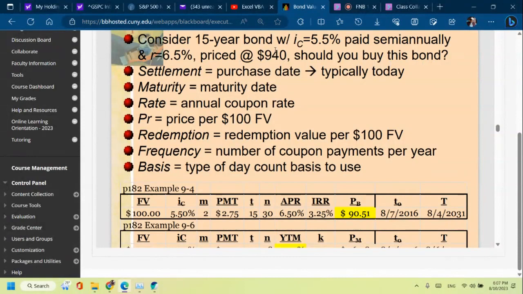So this is not the rational price. That's not the intrinsic value or fair value of the bond. It's just the market price. So we need to know whether this is overpriced or underpriced.